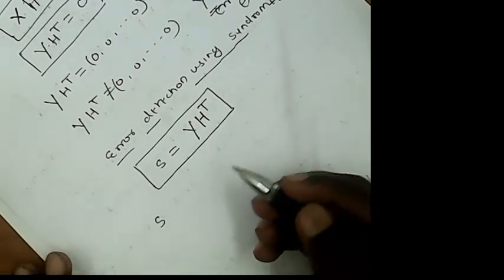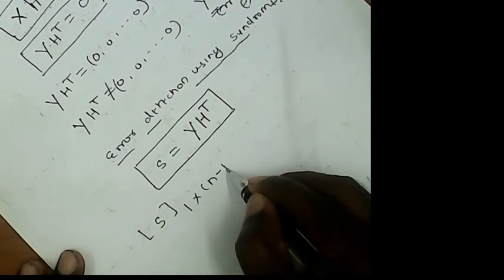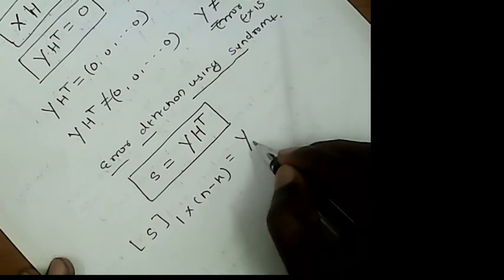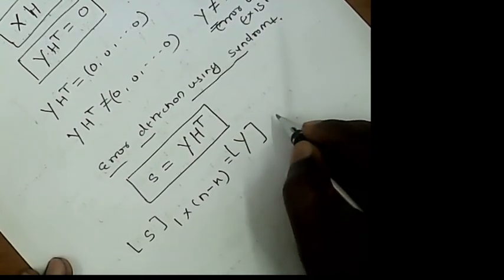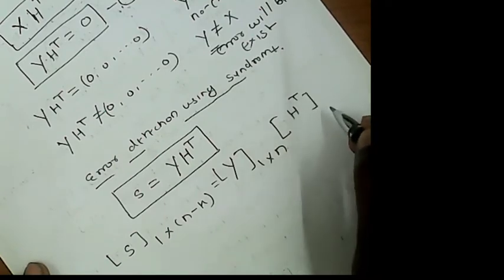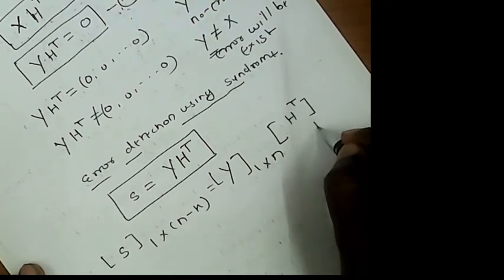We can write it down in matrix format with orders. So the syndrome matrix is of order 1 × (n-k), the received code word is of order 1 × n, and the transpose of the parity check matrix is of order n × (n-k).